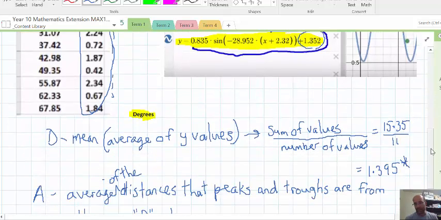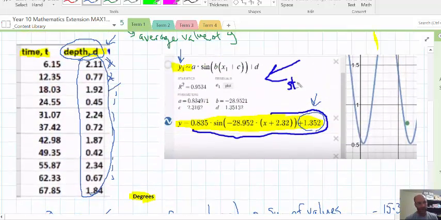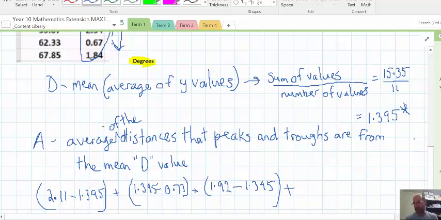You can see the last one I got to there was 1.92, so I got that far down. You'd continue down the list and basically add them all together. Then you get a total, and then you divide that total by 11.